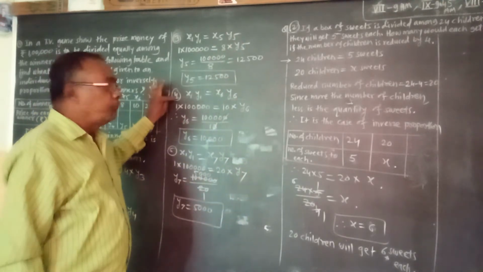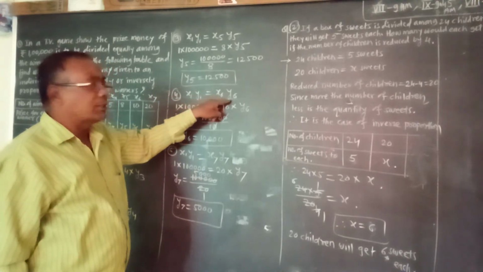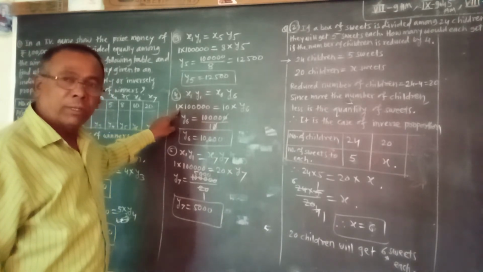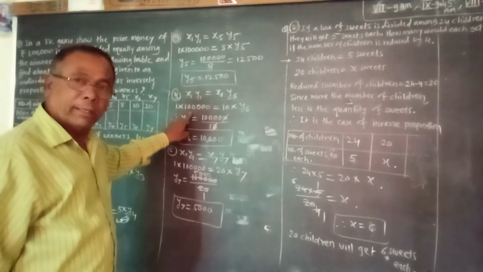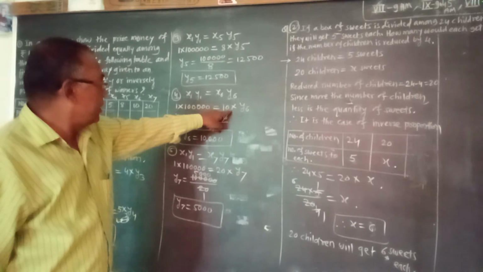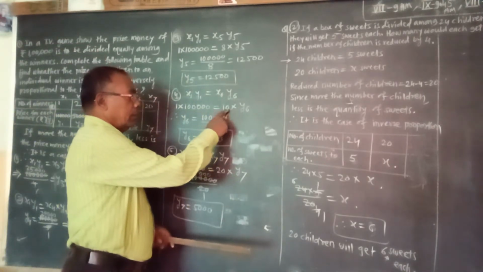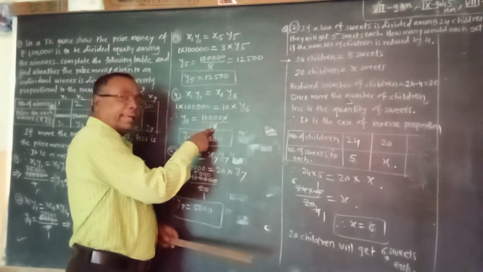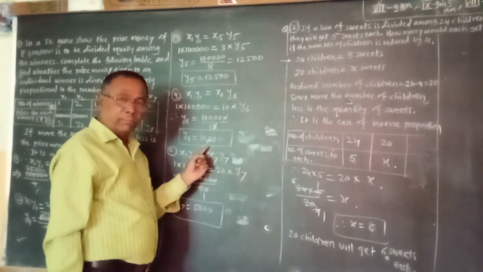Then in the fourth case, x1 y1 is equal to x6 y6, where x1 is 1, y1 is 1 lakh, and x6 is 10 into y6. Dividing 1 lakh by 10 we get y6 is equal to 10,000.